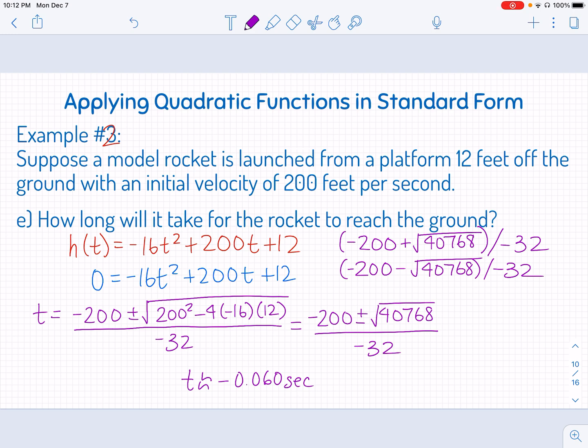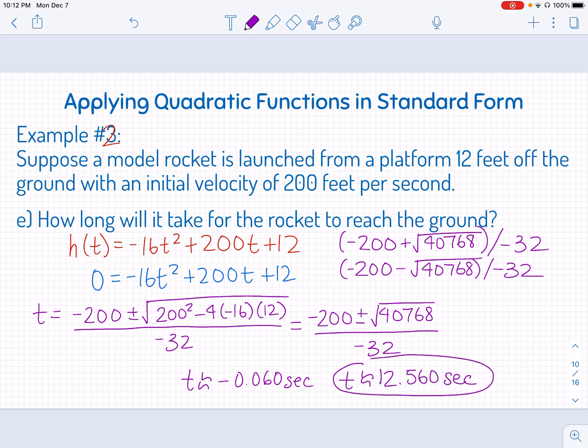And remember, there's a great trick that if you hit second enter, you get exactly what you just typed in and you can type over it. You don't have to retype everything in. And this time, you get t is approximately equal to 12.559 if you want to truncate, or 12.560.